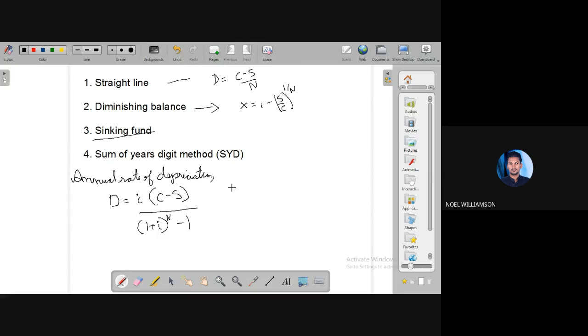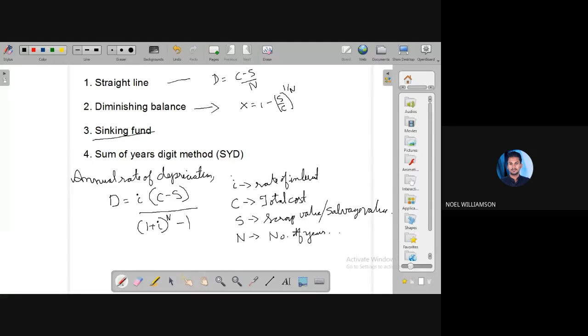Where I is the rate of interest on that sinking fund, C is the initial cost or the total cost, S is the scrap value or salvage value, that is the value at the end of the useful life, and N is the number of years, that is the lifetime of the particular machine. So this is the annual rate of depreciation.